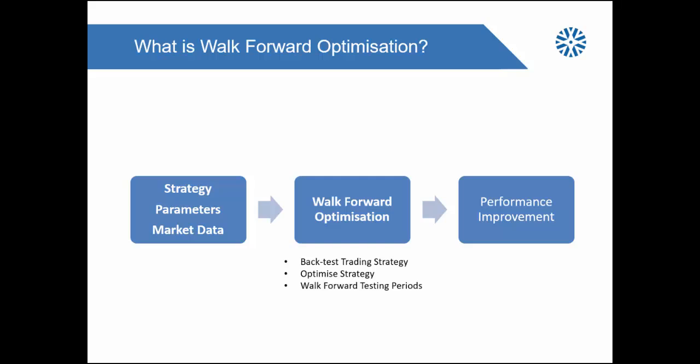So let's start with the basics. What is walk-forward optimization? As I said, let's start with what you need, what the input factors are when you come up with a trading strategy. First of all, you need to have a trading idea. You need an idea of what gets you into the market, and that can be absolutely anything you can think of.